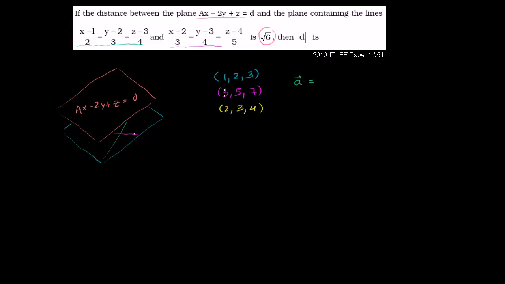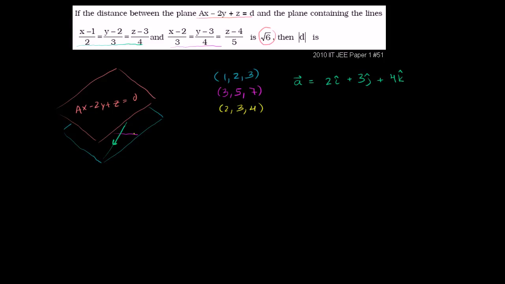That will be 3 minus 1 is 2i, plus 5 minus 2 is 3j, plus 7 minus 3 is 4k. So vector a is going to sit on this green line, because both of these points are on this line. If we start it at one of those points, it'll sit on that line.